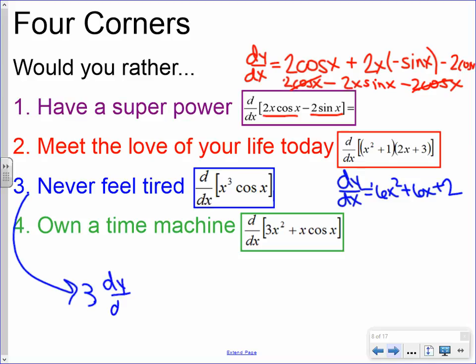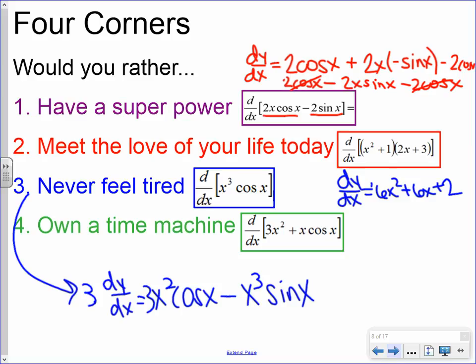dy dx, okay? 3x squared cosine of x minus x cubed sine of x. Same thing there. I know that this is plus x cubed times negative sine of x. So make sure you actually do that multiplication and move the sign out in front.